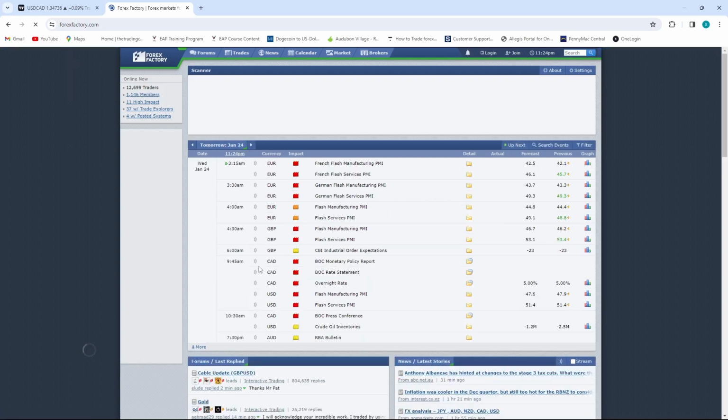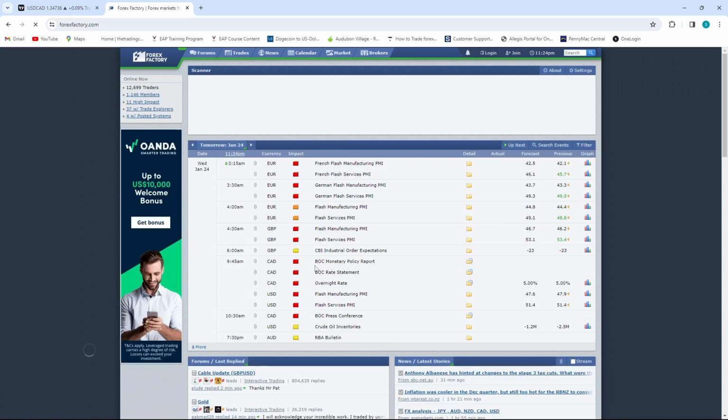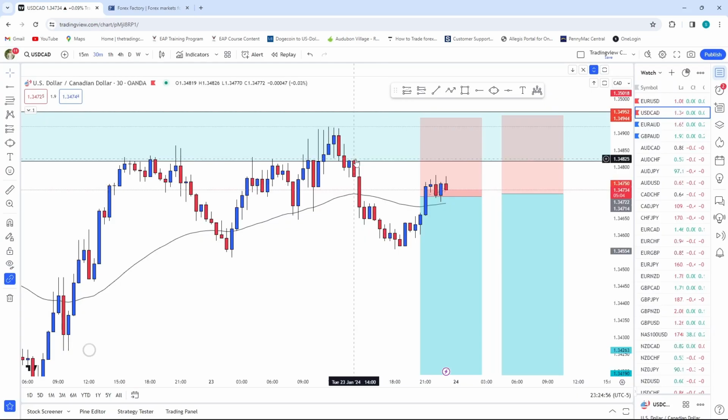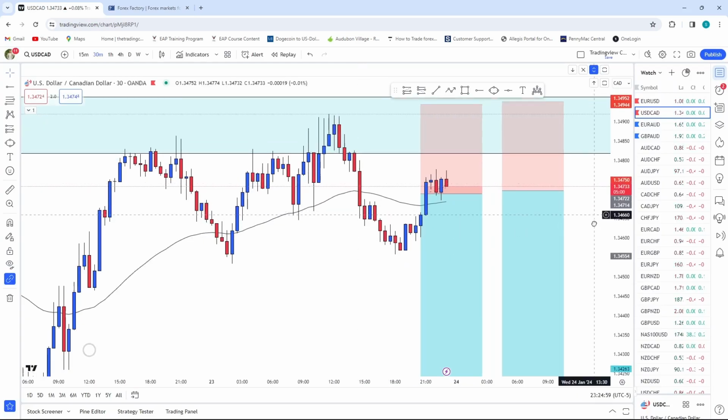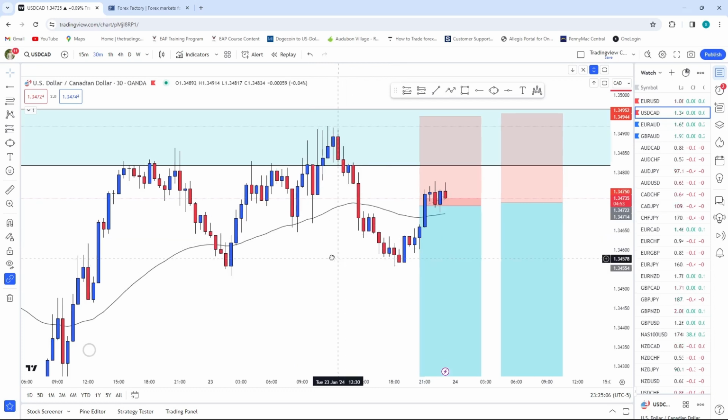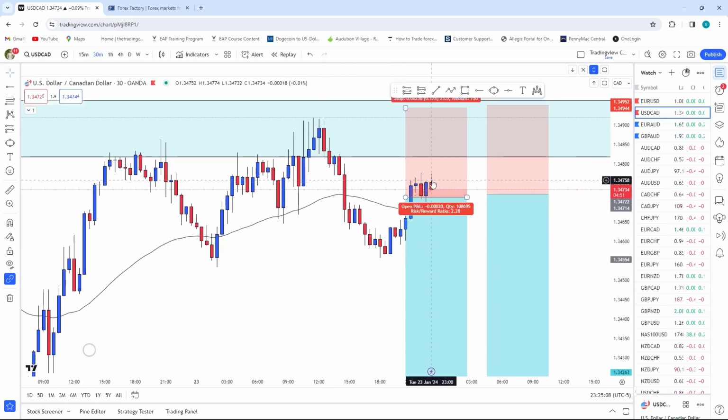But as you see here at 9:45, we have CAD news coming out, 3 different red folders, and then we have USD news coming out as well. So we'll see how it goes. Again, I will be updating you guys maybe tomorrow morning. I don't know. It depends if I get up early enough because I got to go to work. But if not, then I'll definitely update you guys throughout the day. You'll see the progress. You'll see how everything played out.